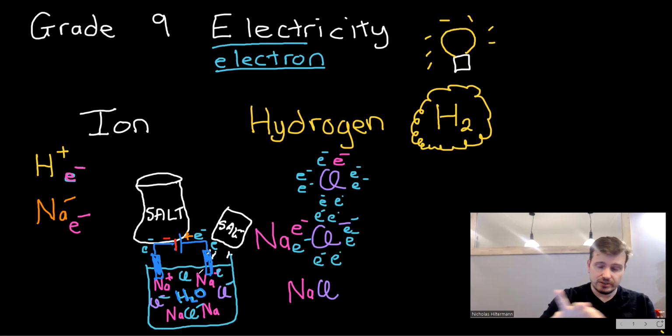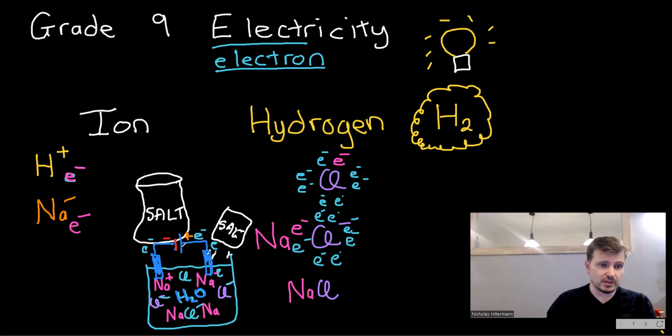I just want to quickly talk, when we get into the circuit, about the flow of electrons. When we talk about conventional current, I'm going to repeat this again when we do electric circuits, but conventional current goes from positive to negative.